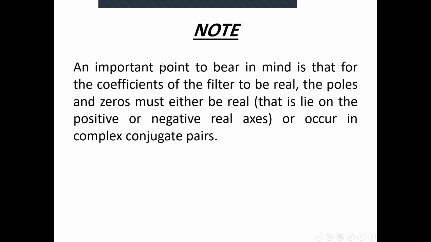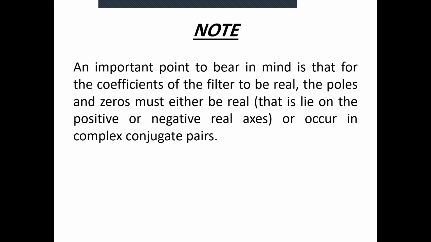Now, again, we have a very important point and hint: an important point to bear in mind is that the coefficients of the filter must be real. We have said that we have two kinds of filter coefficients here, a_k and b_k.